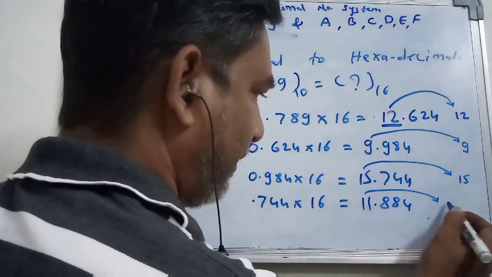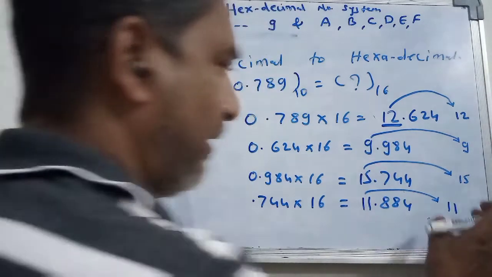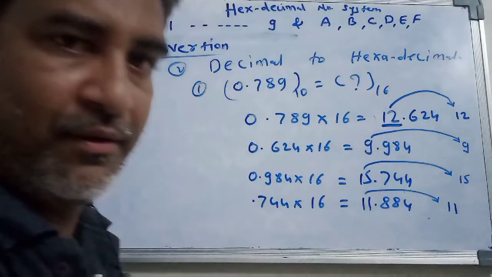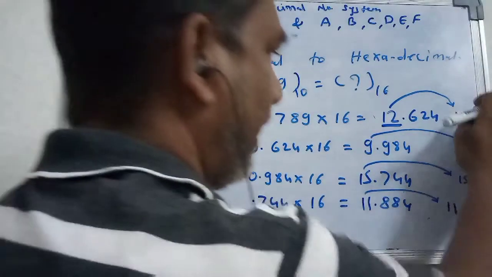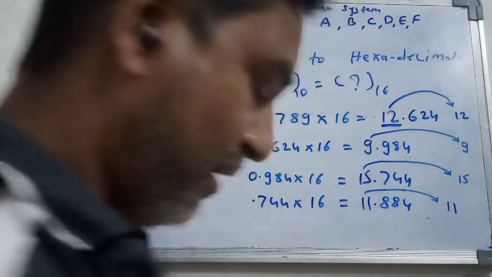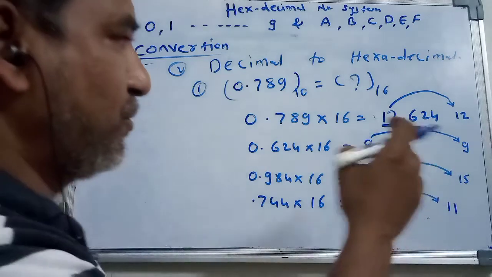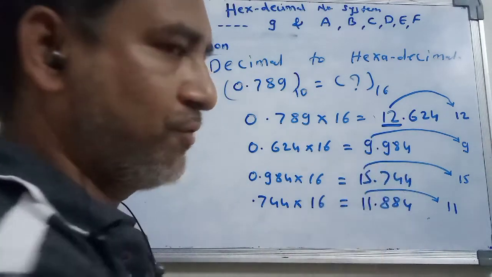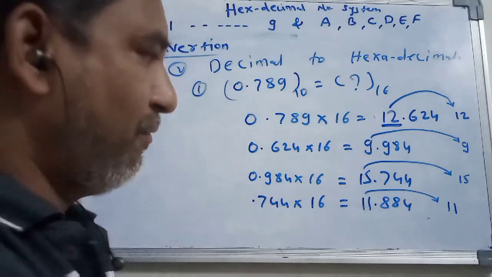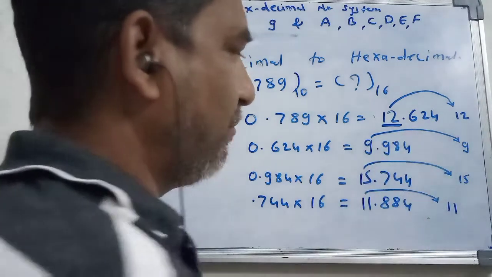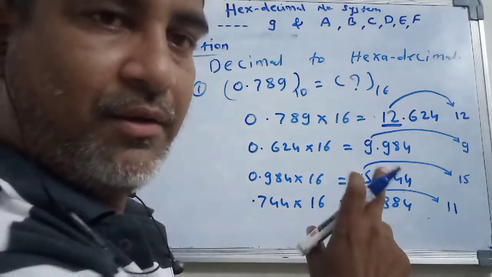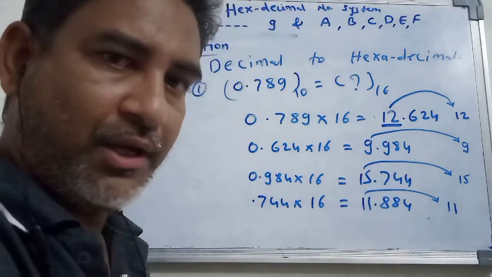This 11 is taken outside as a carry, so the carries are 12, 9, 15 and 11. You have to solve at least 4 to 5 steps. Wherever a repetition of value comes, you have to stop the multiplication.